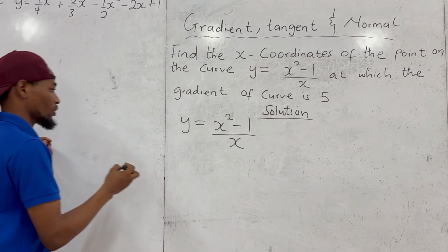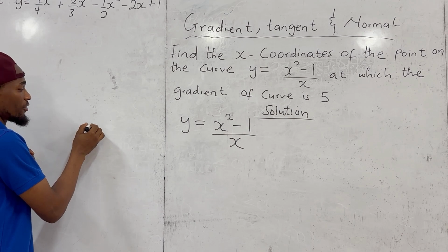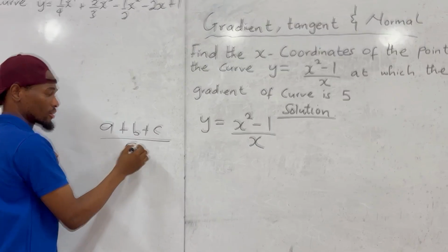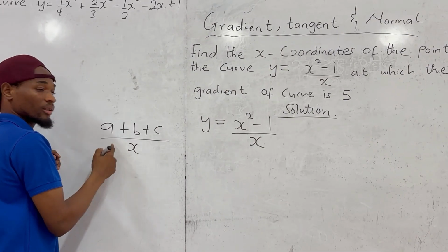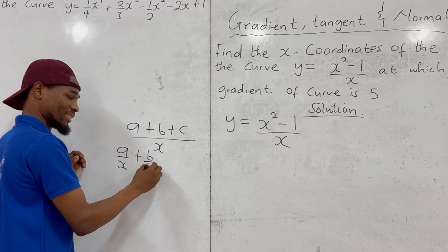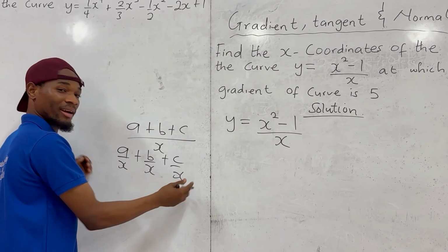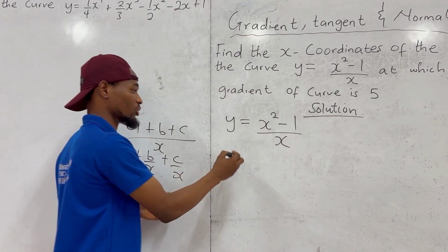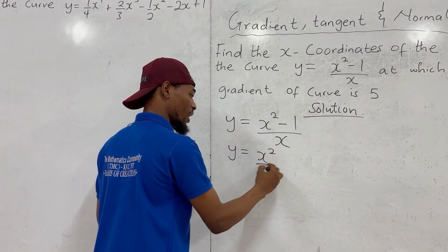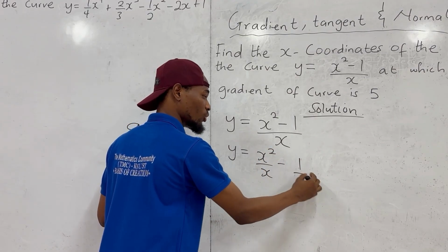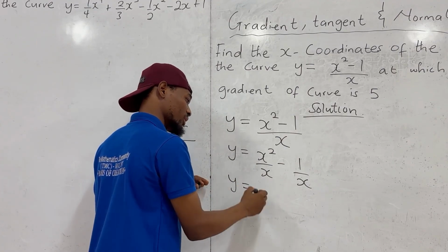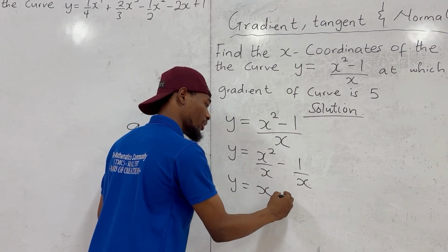You know that a plus b plus c all over x is the same as a over x plus b over x plus c over x. The same analogy applies here. So y equals x squared over x minus 1 over x. This gives y equals x minus what?